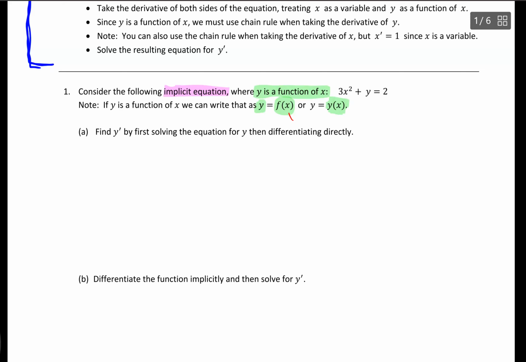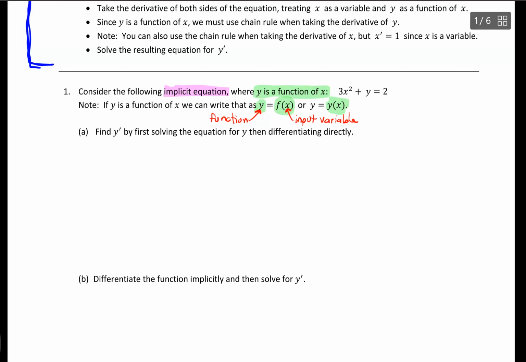If this is true, then my x, that's my input variable, and the y is a function. So you really have to know how to read function notation in this section. So x is a normal everyday variable and y is the function. Okay, so let's find this derivative two ways.